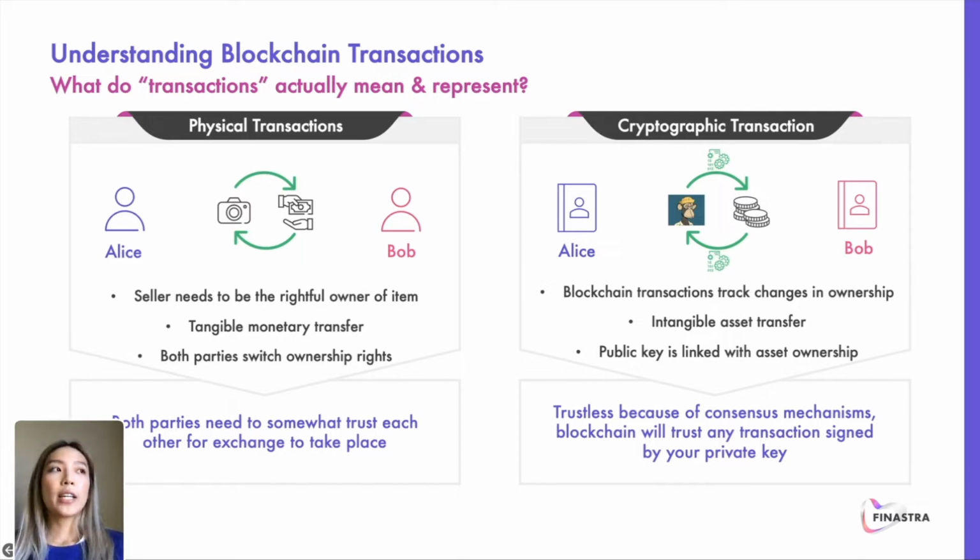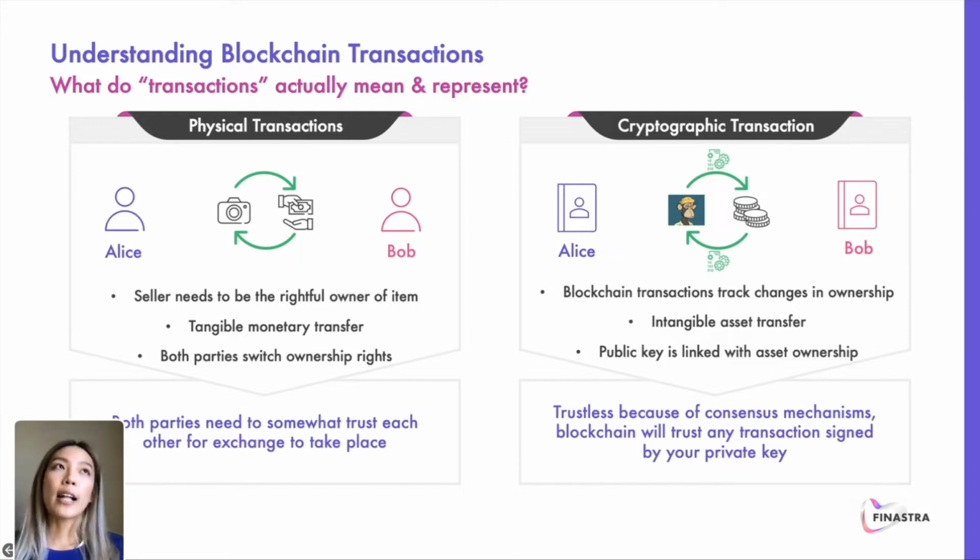So if we take a step back and forget about the items, regardless of the items that are being exchanged, we can see that whatever is transacted switches ownership. Now, with physical transactions, there has to be some level of trust. Both Alice and Bob need to trust that they are both going to show up at their agreed time and place. Alice has to trust Bob that he's going to show up with the exact amount of money that she wants for her camera.